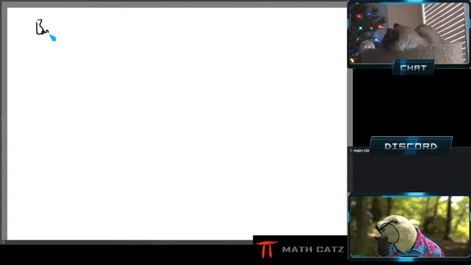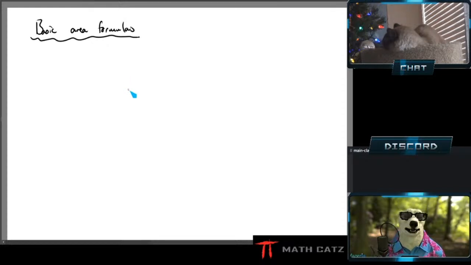So we'll just do a basic introduction, an overview of some area formulas of familiar polygons that we have talked about. It might not take us the whole session, doesn't matter. But it's an important session to get out of the way. It has to be put somewhere, so I put it here.